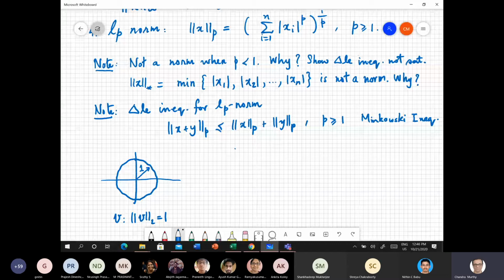And if I take the set of points v such that the norm of v infinity equals 1, so the norm is now the largest entry, what will that look like? If you are fleet-footed, you can think about it. Square. Exactly, that will look like a square.